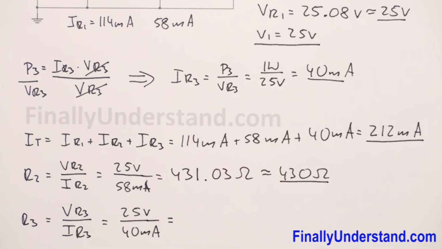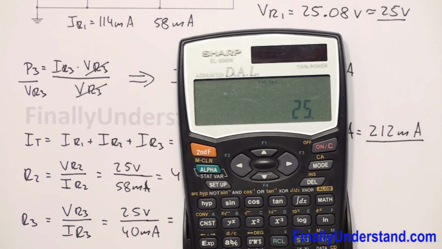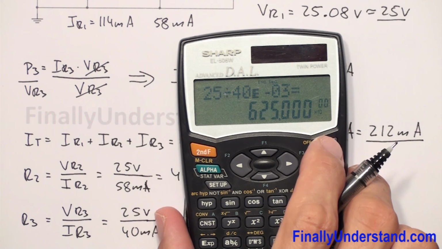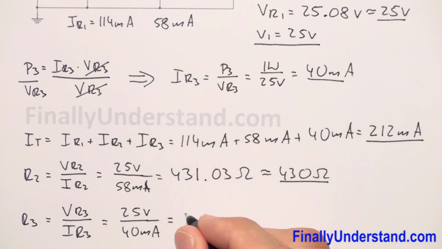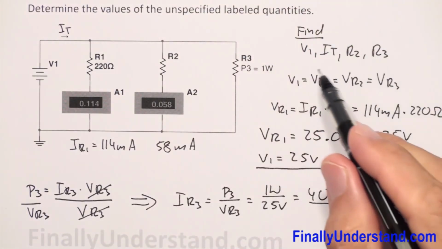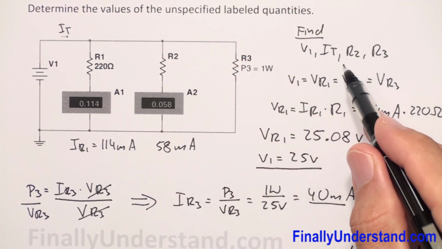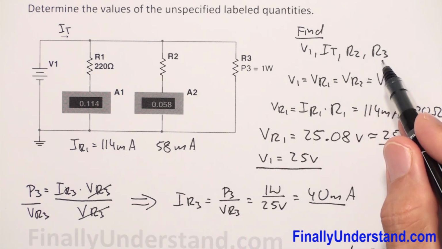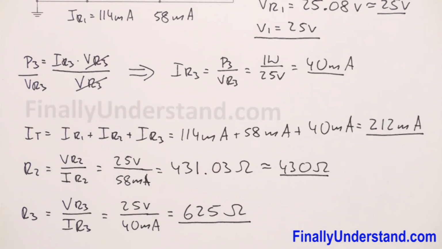So this is equal to 25 divided by 40 times 10 to the negative 3, which equals 625 ohms. So this is the value of resistor R3. So we found voltage source, we found I total, we found R2, and we found R3, so we can say that the problem is solved.